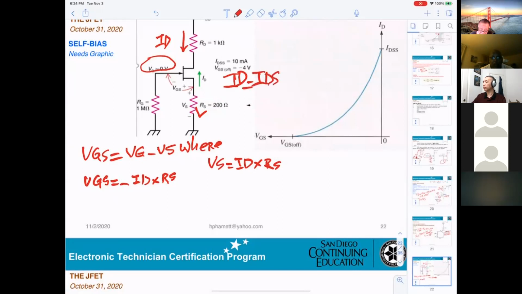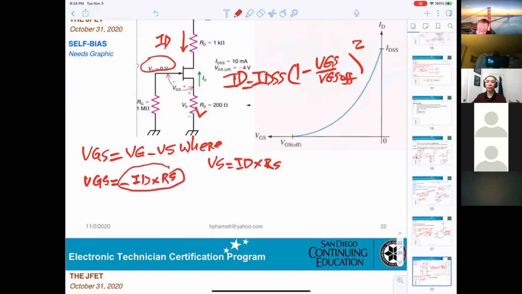Now, if you want to calculate ID, the formula will be ID equals IDSS times 1 minus VGS over VGS off, squared. You substitute this value into VGS right here, that means minus ID times RS.